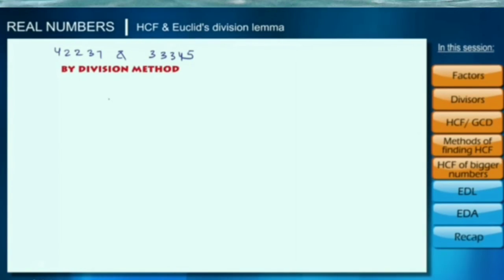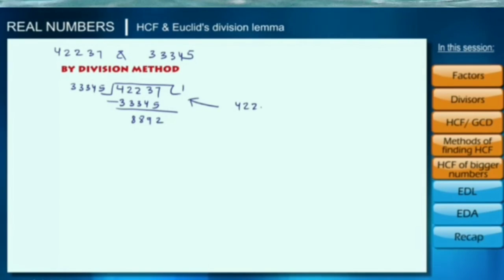Now how to use the division method? Divide the larger number by the smaller number. Then we can write it as dividend is equal to divisor into quotient plus remainder. Now here we are not getting the remainder equal to 0.